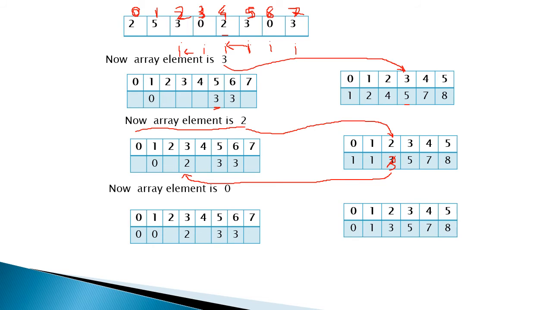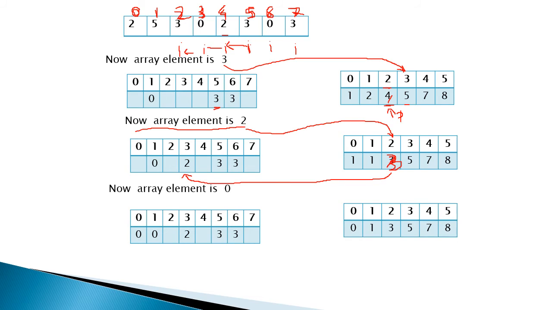Then here, in the previous updated array, at index 2 the value is what? 4, na. Then decrement that value by 1, that is 3. Here the 3 is there and on that position store the value of the original array.